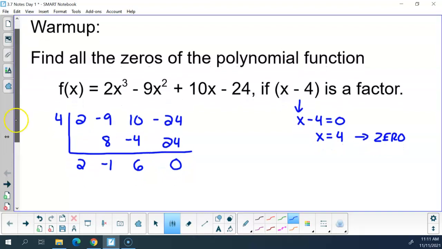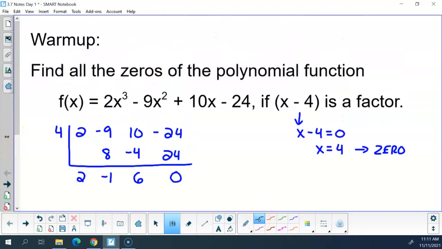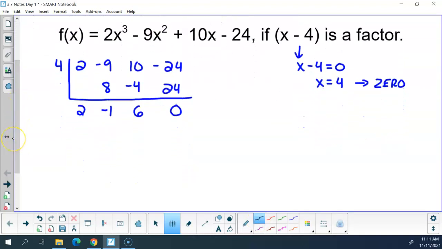Okay. So that tells me now that f of x is equal to x minus 4 times what? 2x squared minus x plus 6.